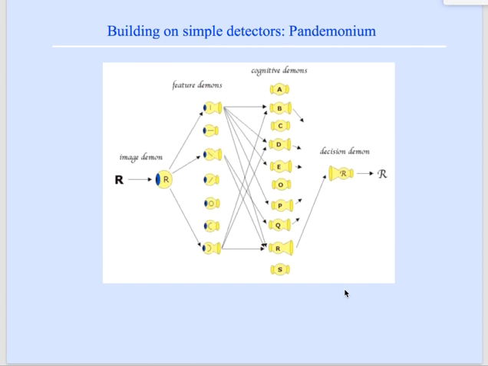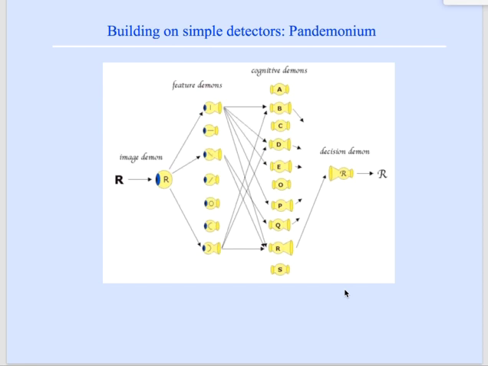And it's getting information about a vertical line, a semicircular line, and then a line at a 45-degree angle. And then that cognitive daemon, because it's getting all this information from the feature daemons, is basically going to send the strongest signal to the decision daemon, and the decision daemon is going to say, I see an R.